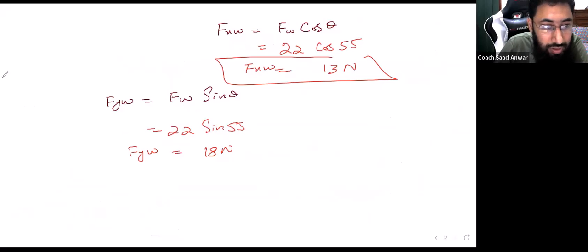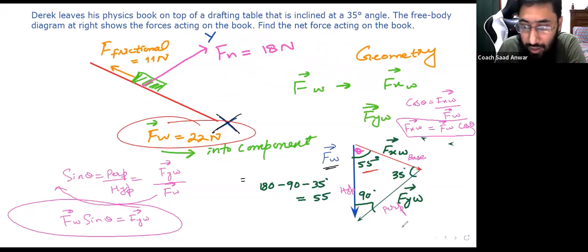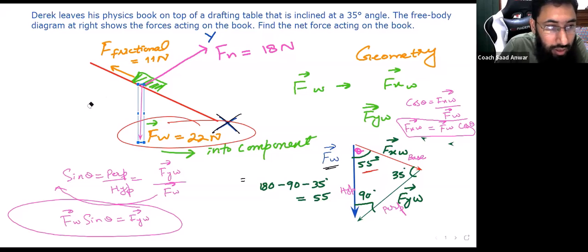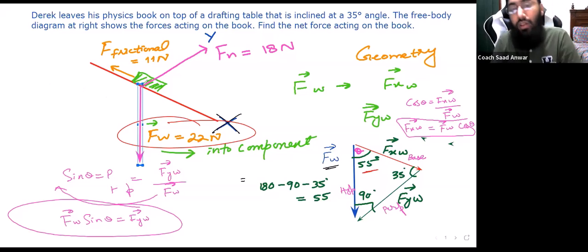Now come back to the previous photograph again. Guys, the weight is going like this. One second, it erases automatically. Let me draw again. The weight is going like this. And guys, because the book is a heavy book, it goes like this.